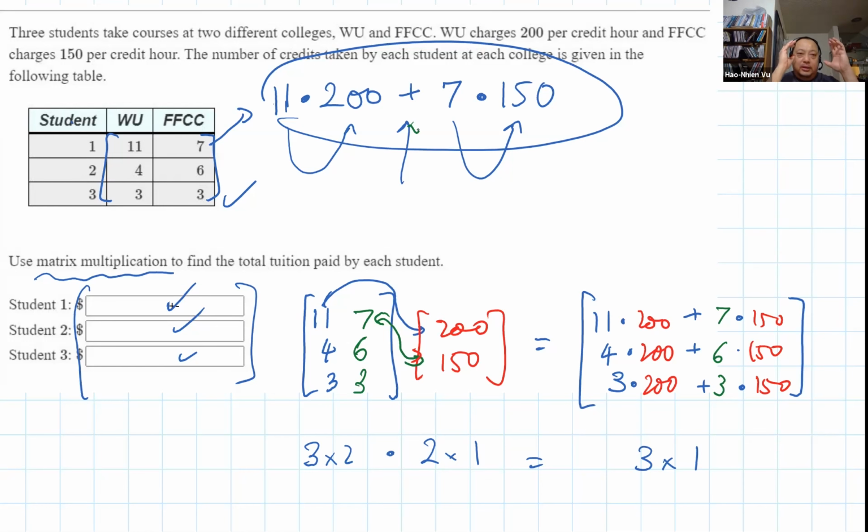Well, you take the matrix of what it is that the economy is spending money on, you multiply by the matrix that represents the prices of those goods, and the product of the goods matrix times the price matrix is the cost matrix. This is the cost spent by these students.